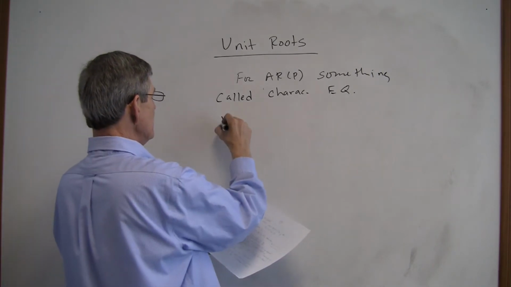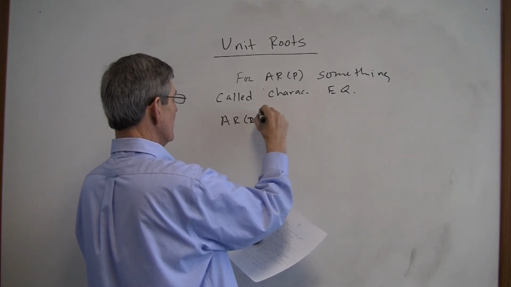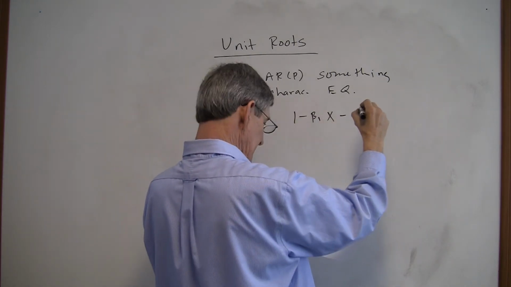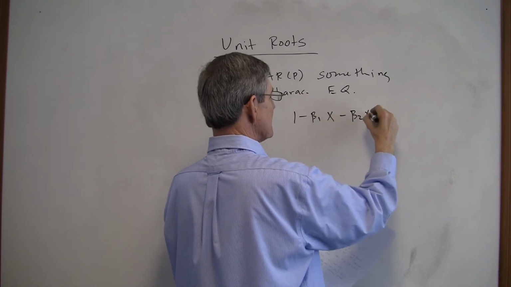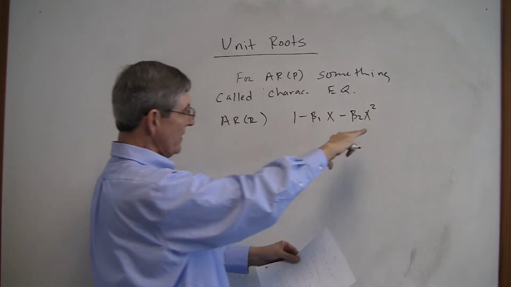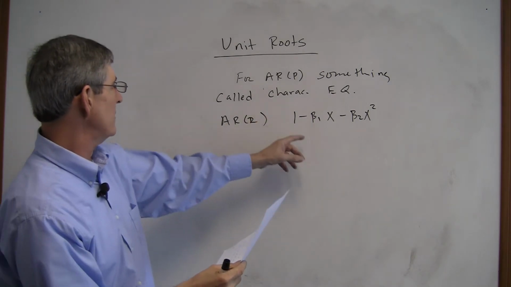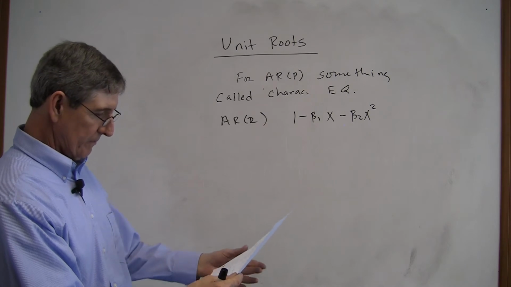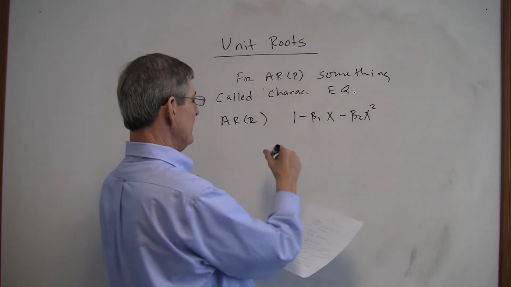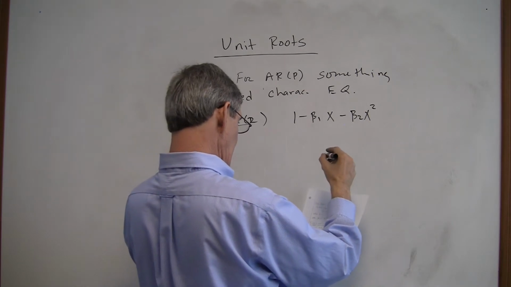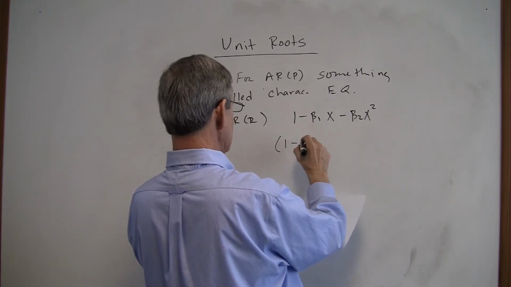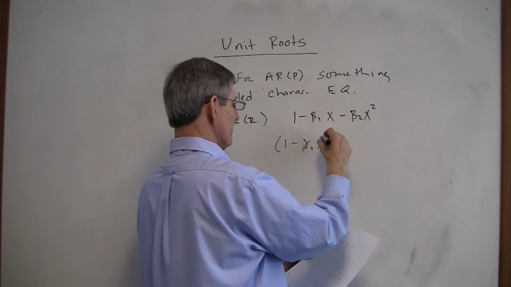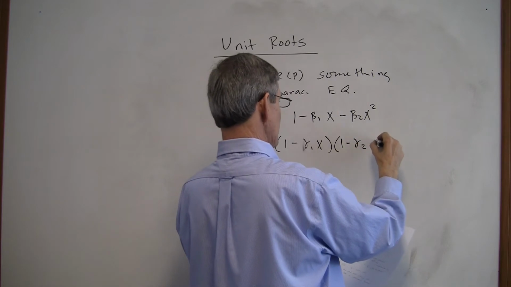So for an AR2, it would be 1 minus beta 1x minus beta 2x squared. So this is just like the polynomials you saw in high school. It's just a polynomial equation. You can factor this into 1 minus gamma 1x and 1 minus gamma 2x.